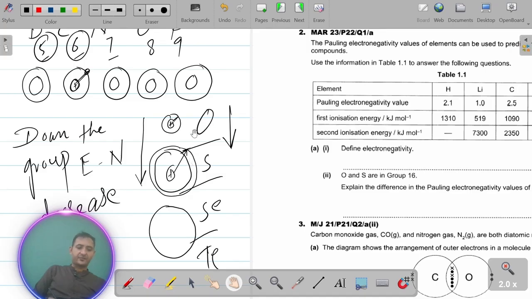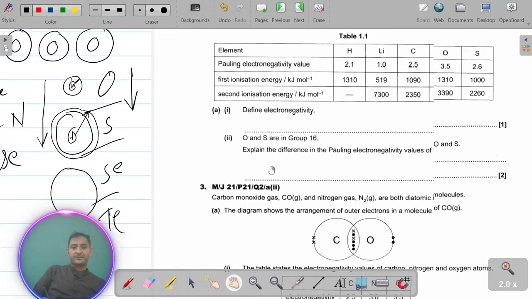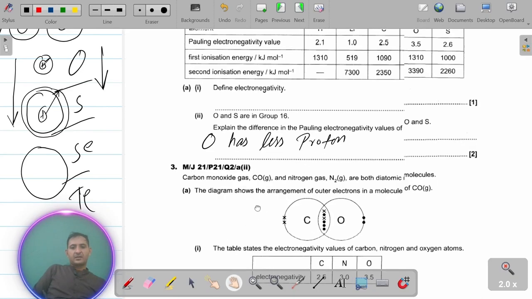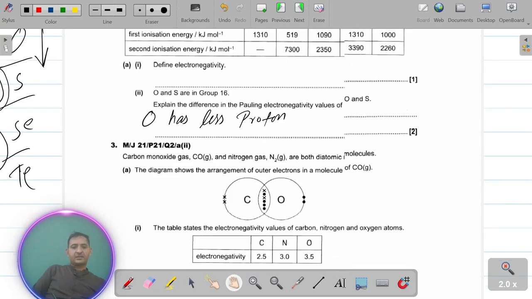Oxygen has fewer protons, number one. And the other thing we can write is that sulfur is bigger in size.